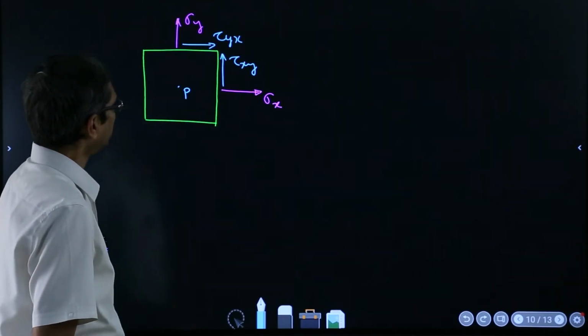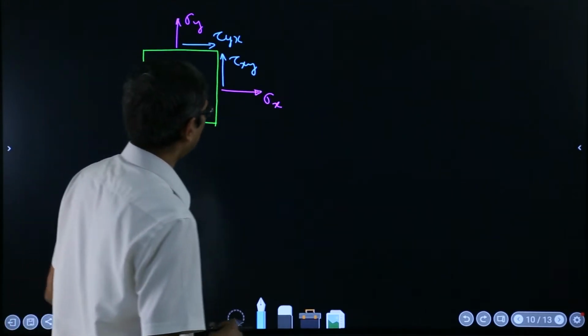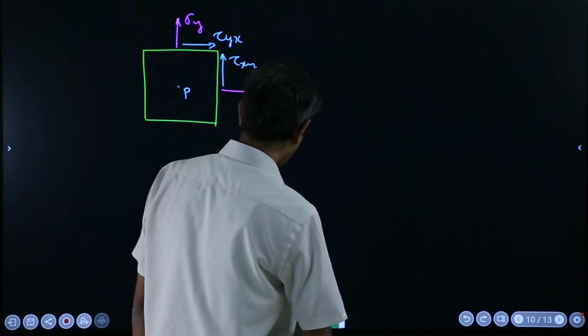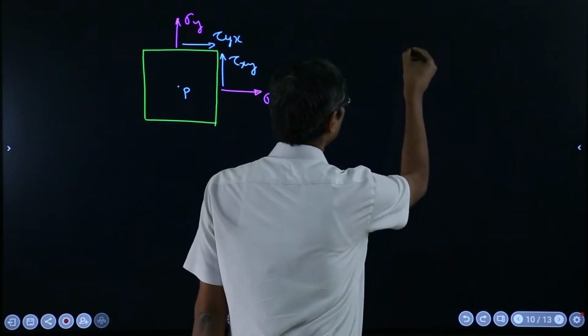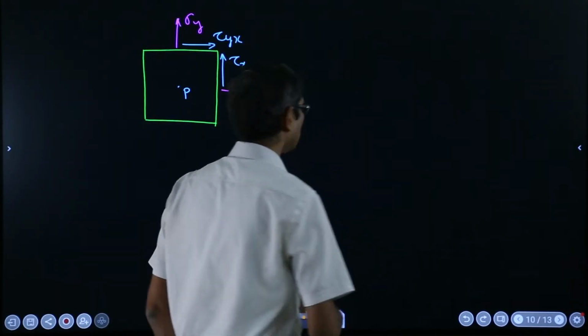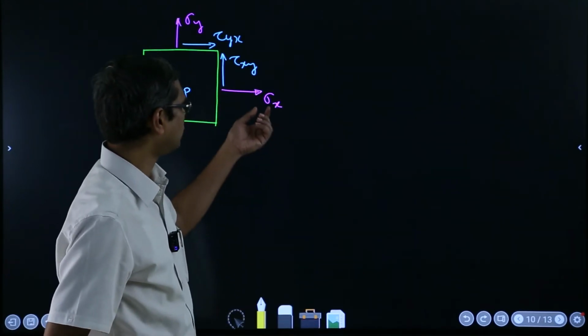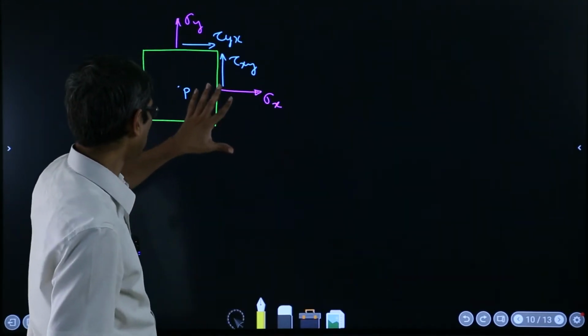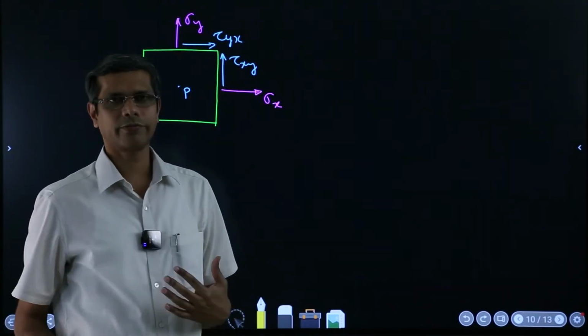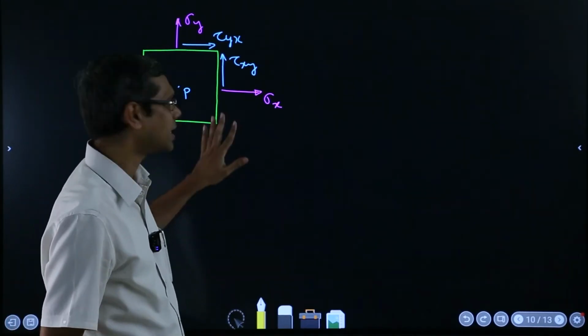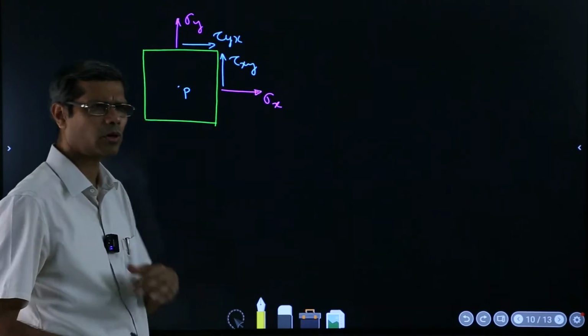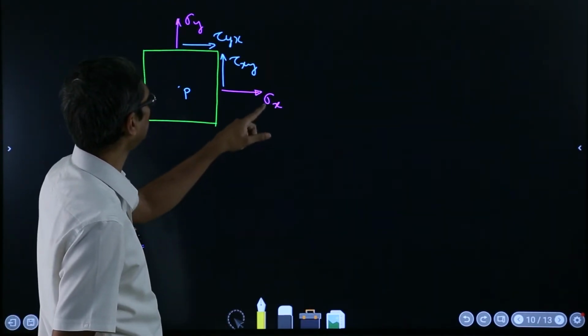Now, the method of drawing the Mohr circle goes like this. You start with the knowledge of the state of stress at a point. For example, you have conducted some experiment and you know these values.